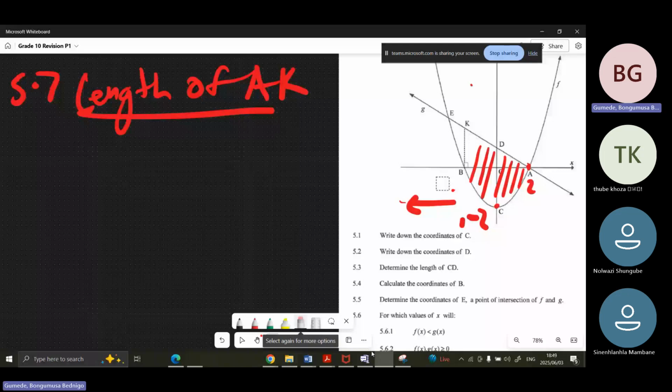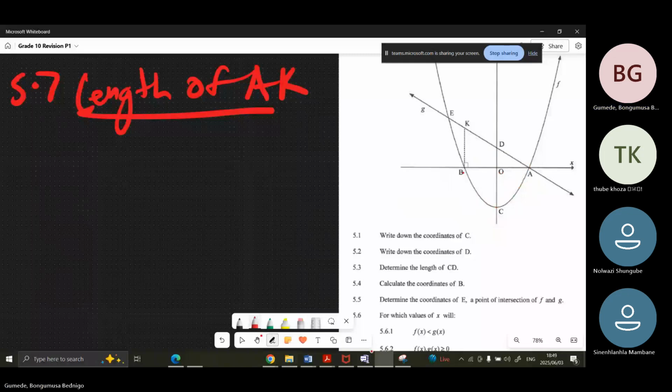With K and B, they are on the same parallel line. If 2 points are in the same parallel line, it means the x value at B and the x value at K is the same. So xk is going to be equal to xb, which is equal to -2.